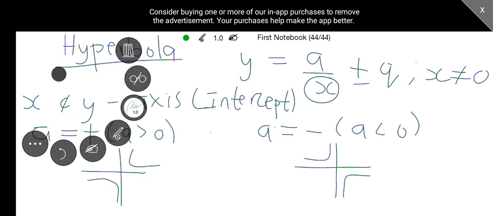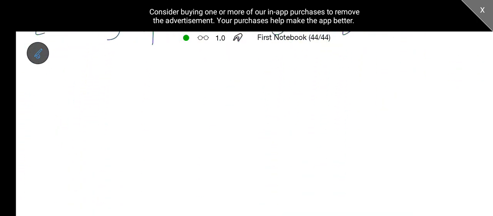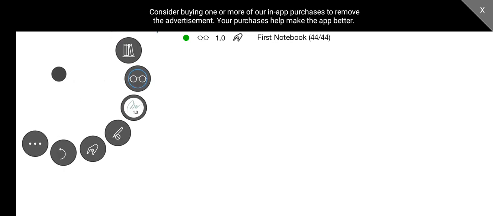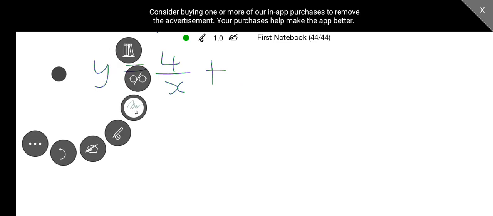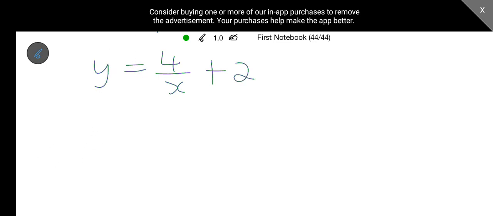So let's have an example of how we can draw a graph. Suppose we are given the graph y is equal to 4 over x plus 2. They say sketch the graph, give the domain and the range. We're going to talk about the domain and the range soon.